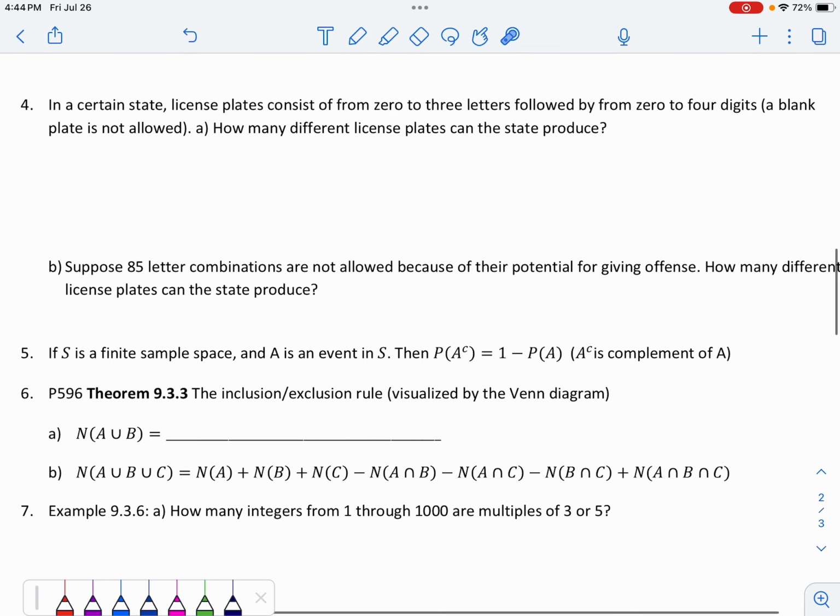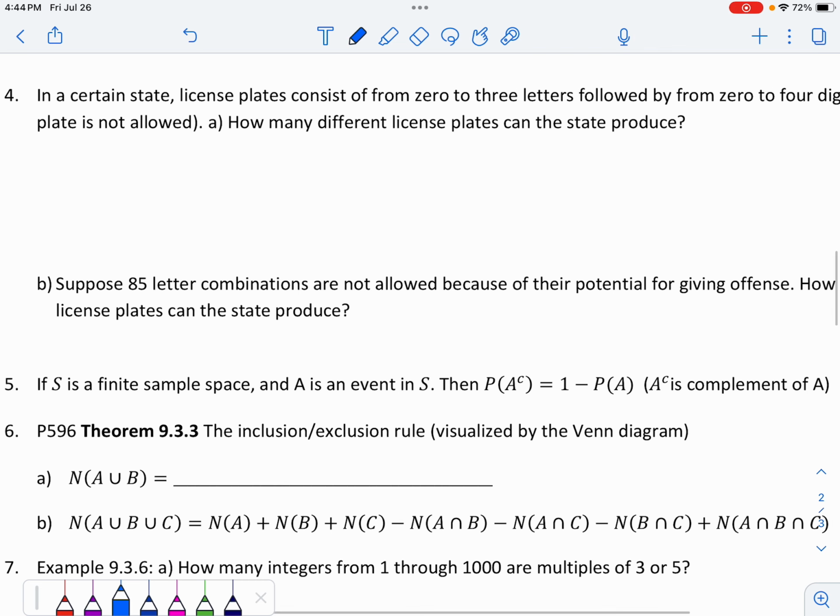We definitely think about this as a two-step process. In the first step, let's form the letter part, and in the second step, form the digit part. Because it is a step-by-step process, we multiply the results from these two separate steps.